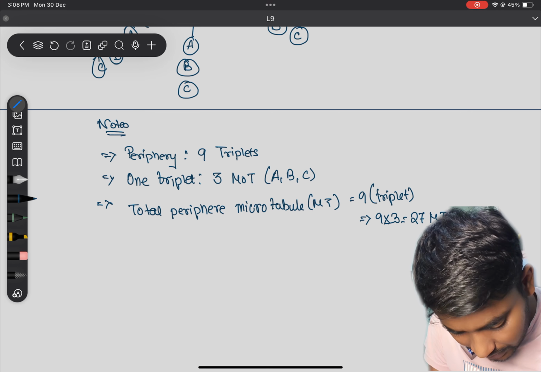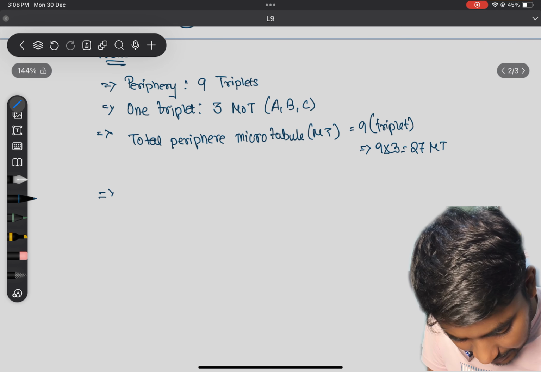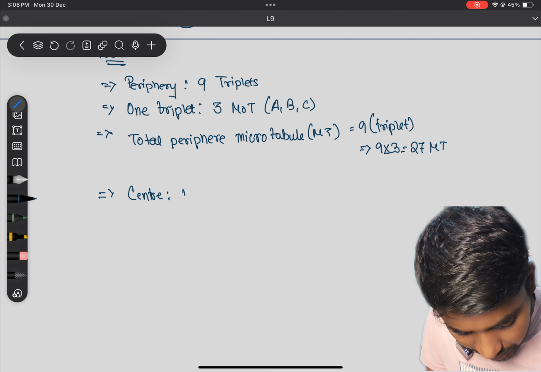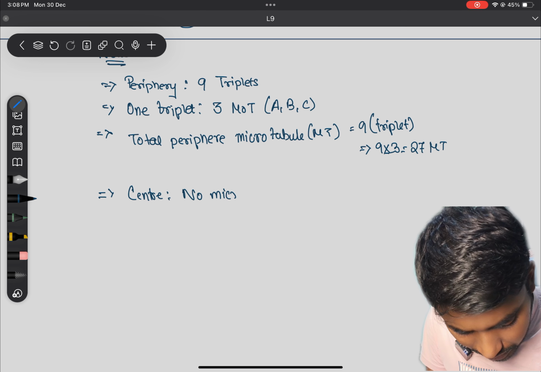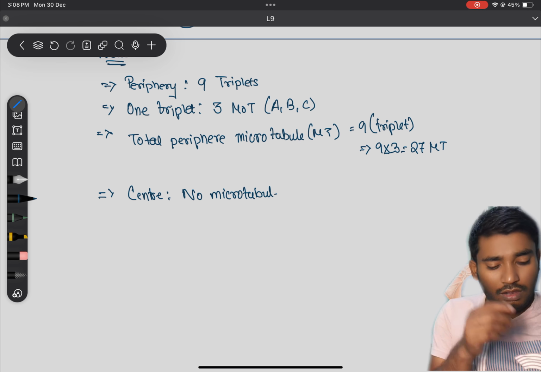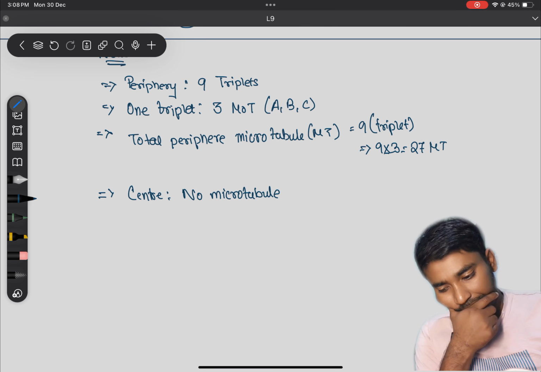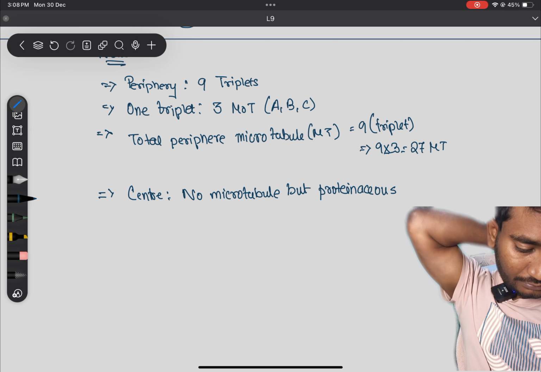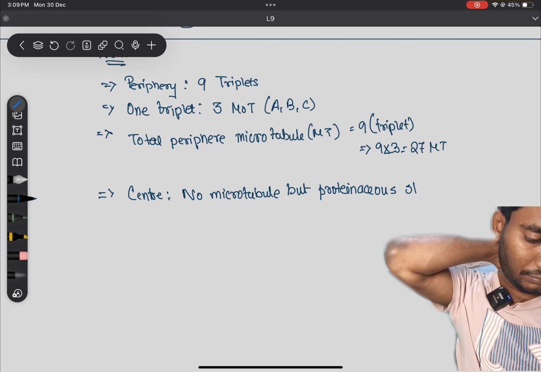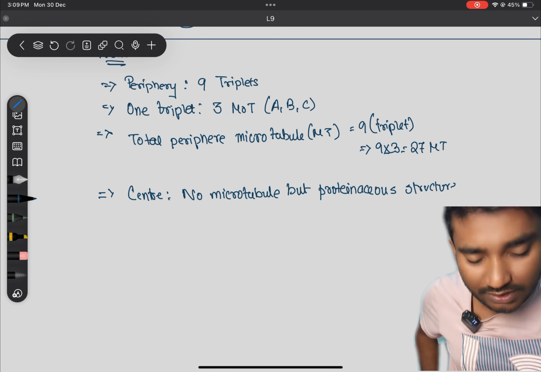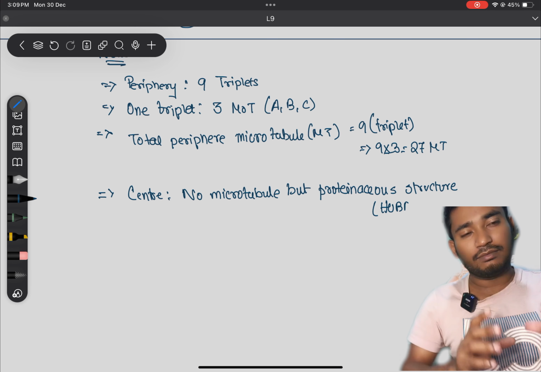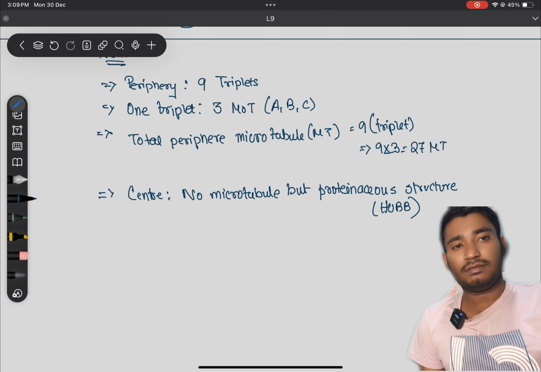Okay, now the center has no microtubule but a proteinaceous structure, called a hub and spoke like model.